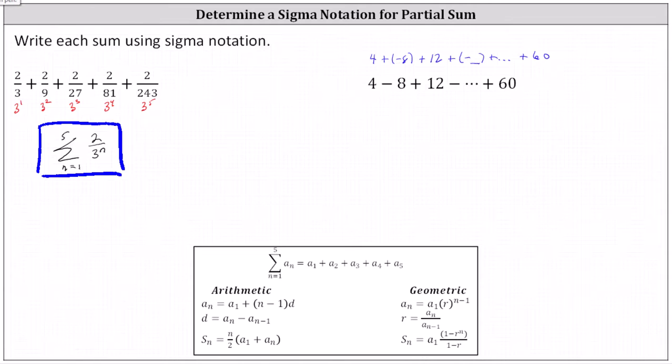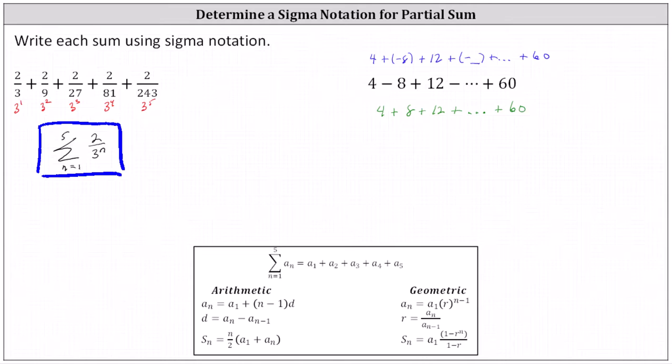Before we consider the given sum, let's determine the formula if we were adding all positives. So let's consider 4 plus 8 plus 12 plus dot dot dot plus 60. Again, I know this is not the given series, but this will help us build the formula for the given series.